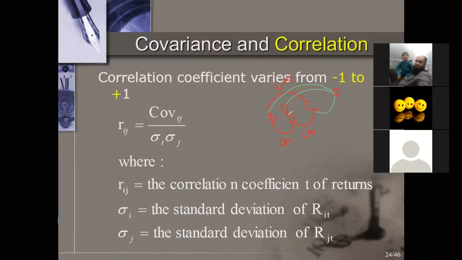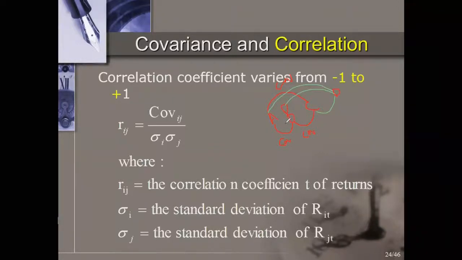So in total how many covariances? 6. So that's how you can find out that whenever you add any security to your portfolio, we will be required to calculate more and more covariances. And that's how you will be required to calculate the correlation coefficient as well.